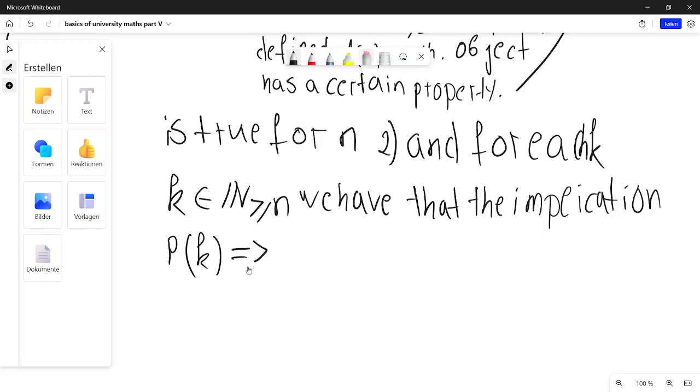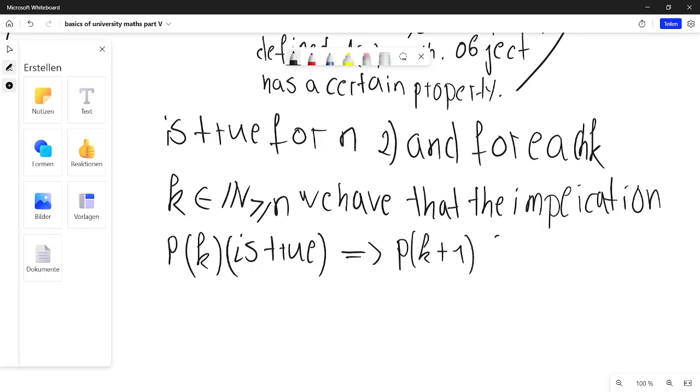Let's write it really down, at least in parentheses: P of k implies P of k plus 1.